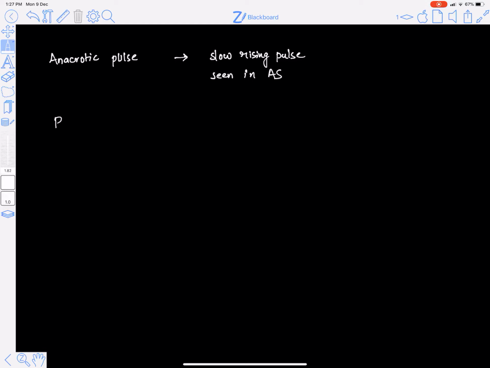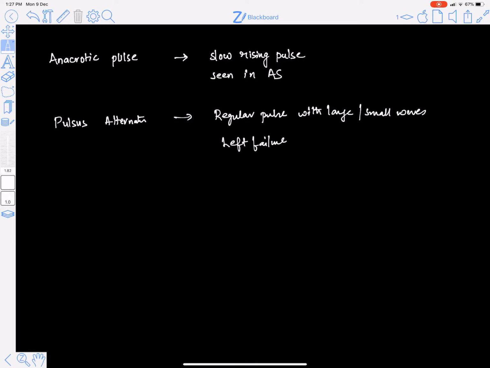The second important thing that you have to make a note of is pulsus alternans, which is a regular pulse with large and small waves, and it is most commonly seen in the case of left heart failure, toxic myocarditis, paroxysmal tachycardia.